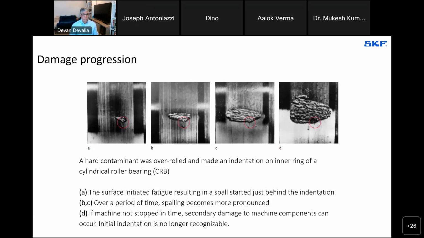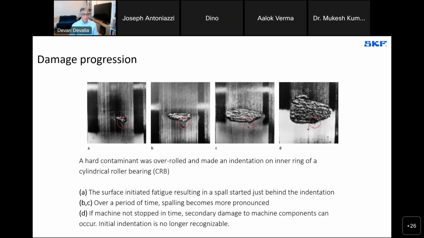Okay, so we see tile A, like I mentioned, the initial damage. In B, as we overrolled over a period of time, we get spalling or flaking behind that indent. And in C, again, until D, where we wouldn't necessarily even be able to determine that this flaking or spalling was caused by an indent.